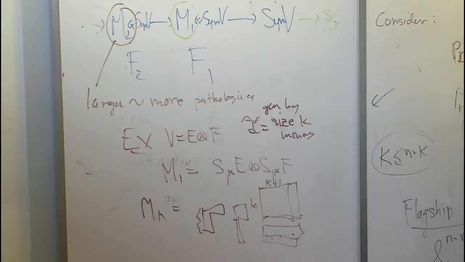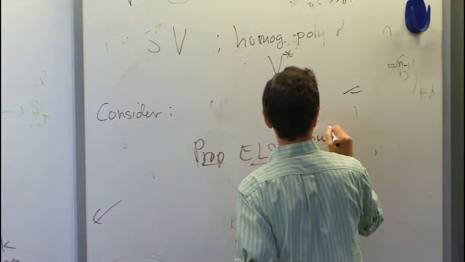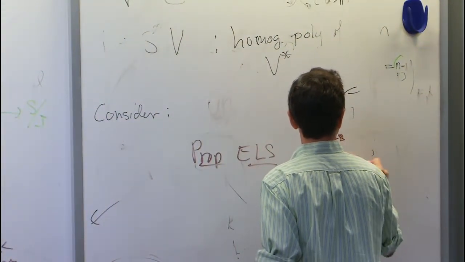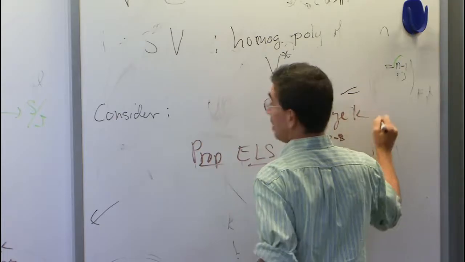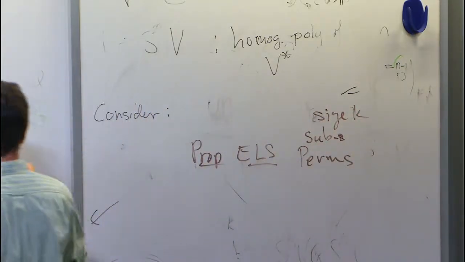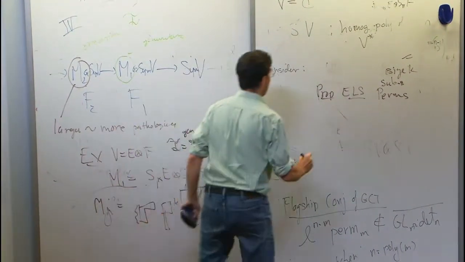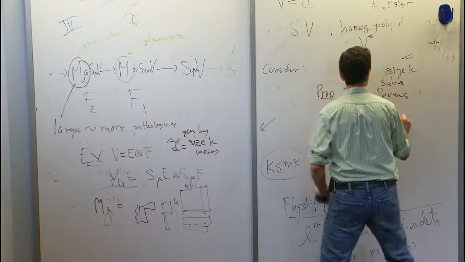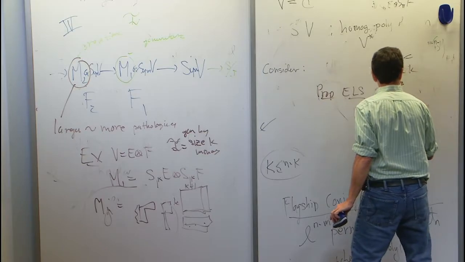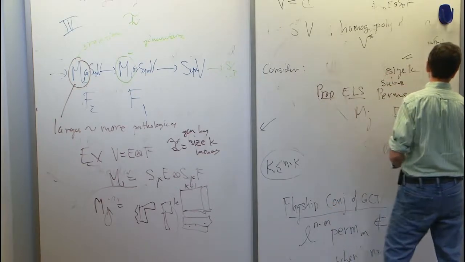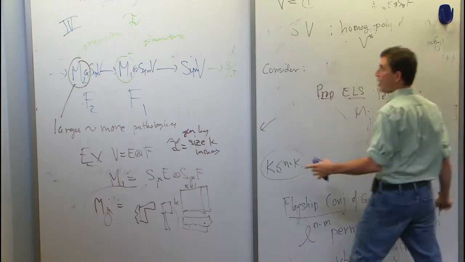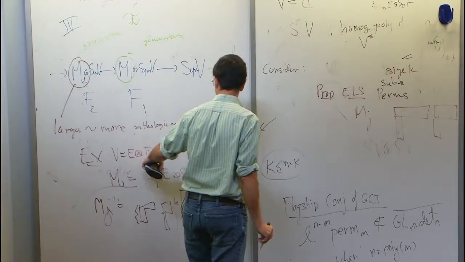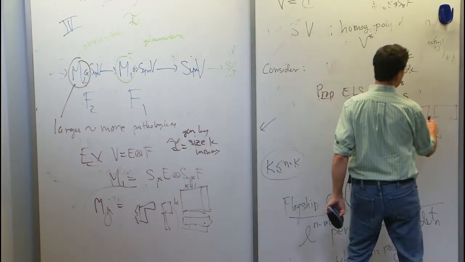is that for the permanent, the subpermanents, size k, these M_js all look like this. The M_js contain hooks, but now I have to tell you what these hooks are. We no longer have the special linear group. We have the permutation group.